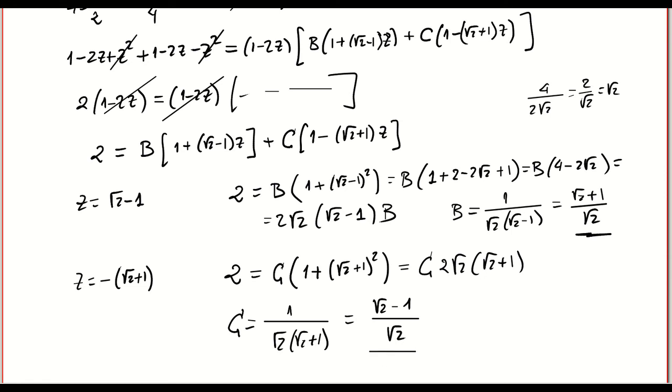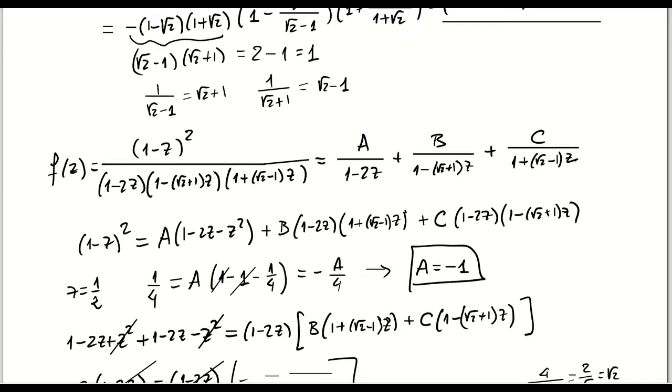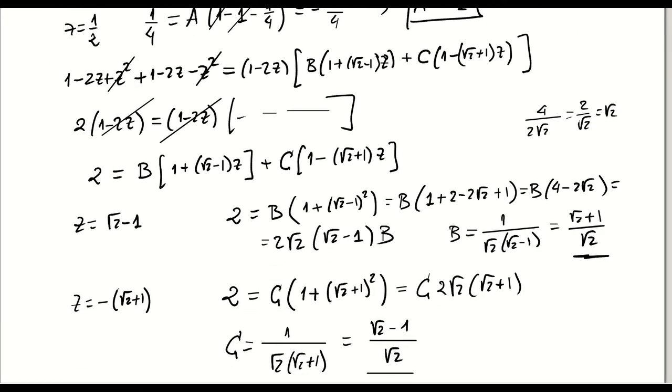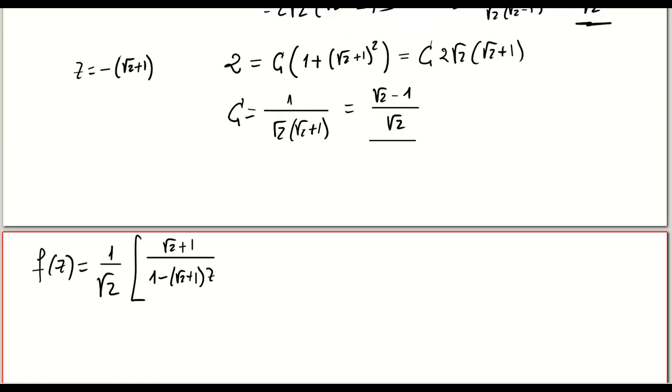Okay, let me recap, right? So function f is equal to 1 over square root 2 multiplied by two factors, right? The first contains b, and b contains this factor. So I have square root 2 plus 1 over 1 minus the square root 2 plus 1 times z, right?